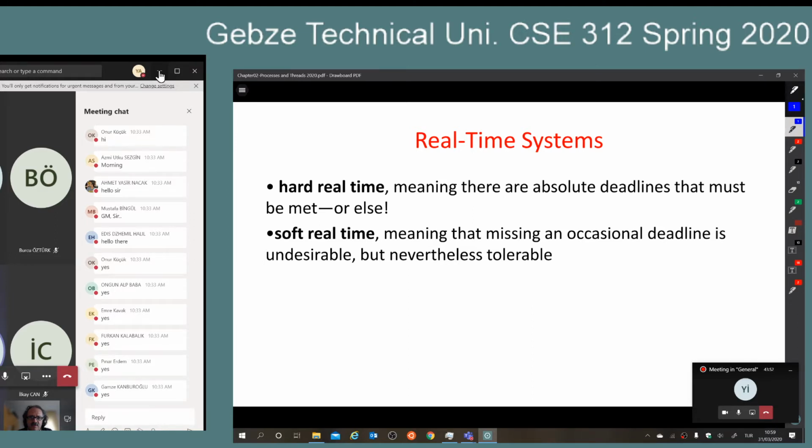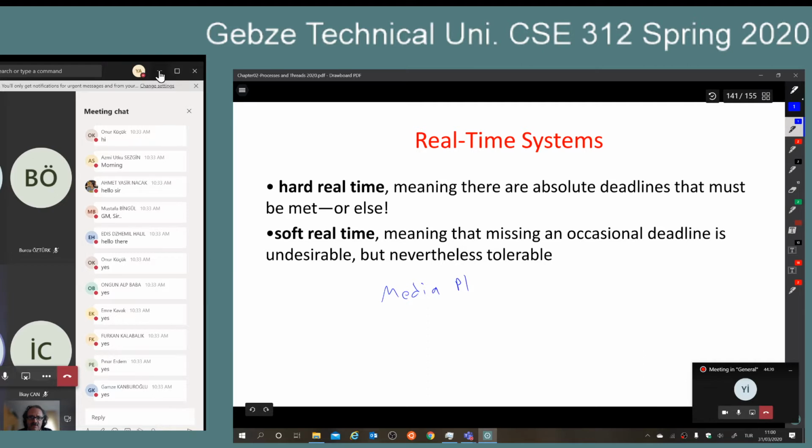I still don't like missing the deadlines, but from time to time it is okay to miss a deadline. Usually these are called soft real-time systems, and usually entertainment systems like an embedded media player.